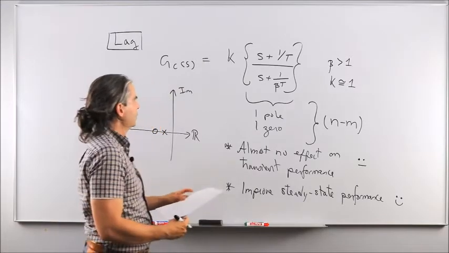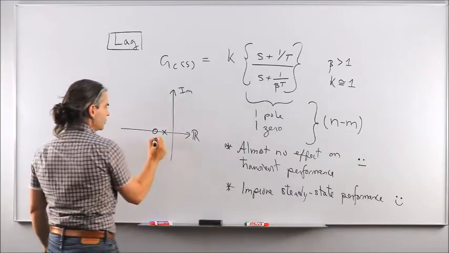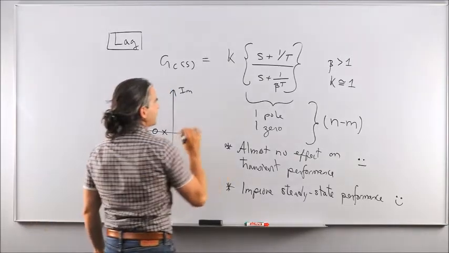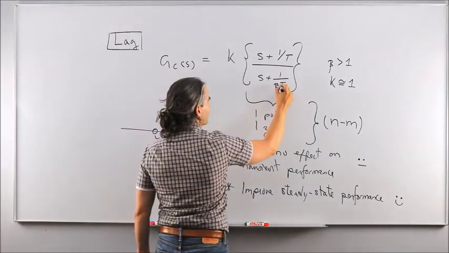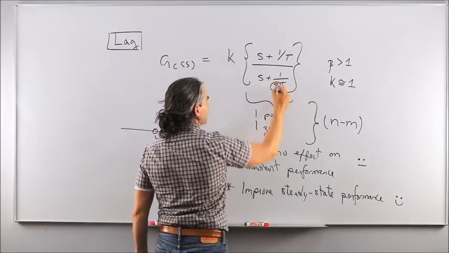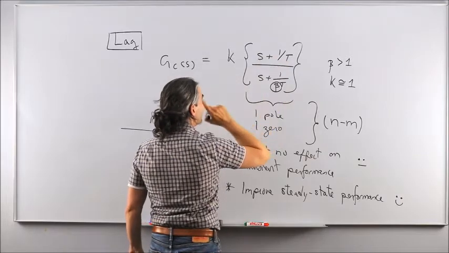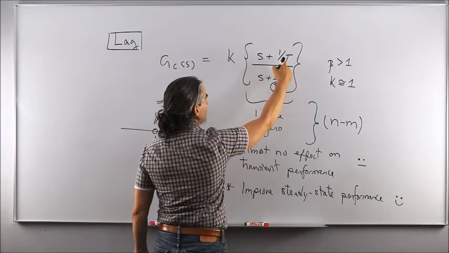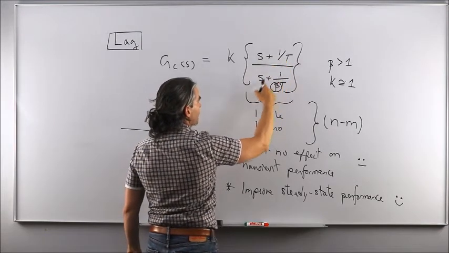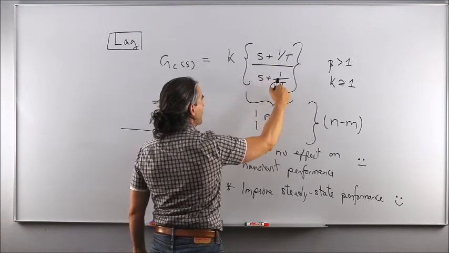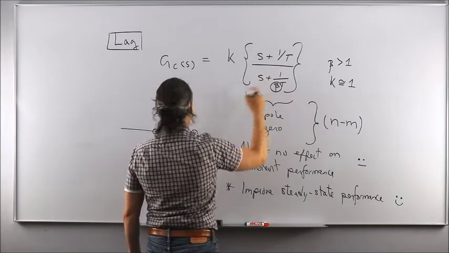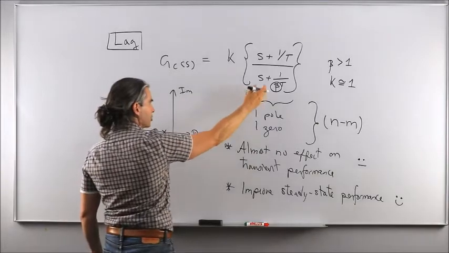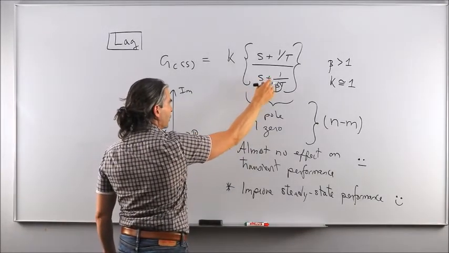One thing that I want to give you a heads up on is that although those two things are almost on top of each other, they're still separated by a factor beta. Okay, notice the difference here. The 0 will be located at minus 1 over T, as the pole will be located at minus 1 over T divided by beta. So the pole is always closer to the imaginary axis for that reason, as shown here, and quantified by the 1 over beta T term.